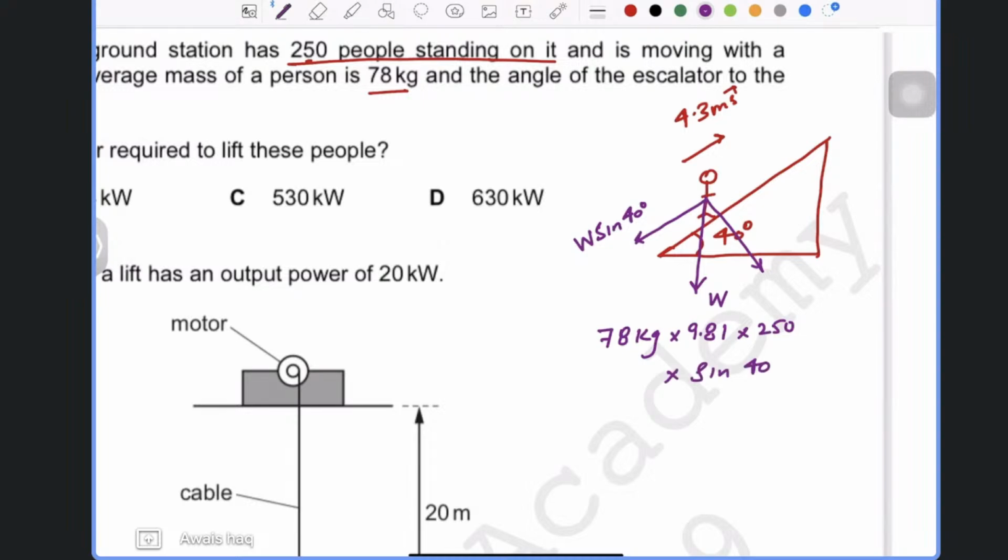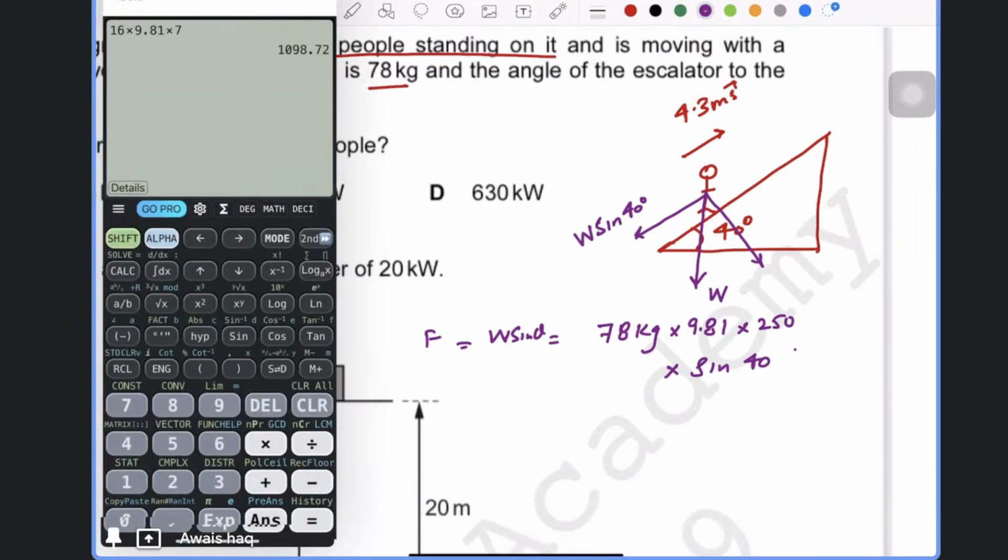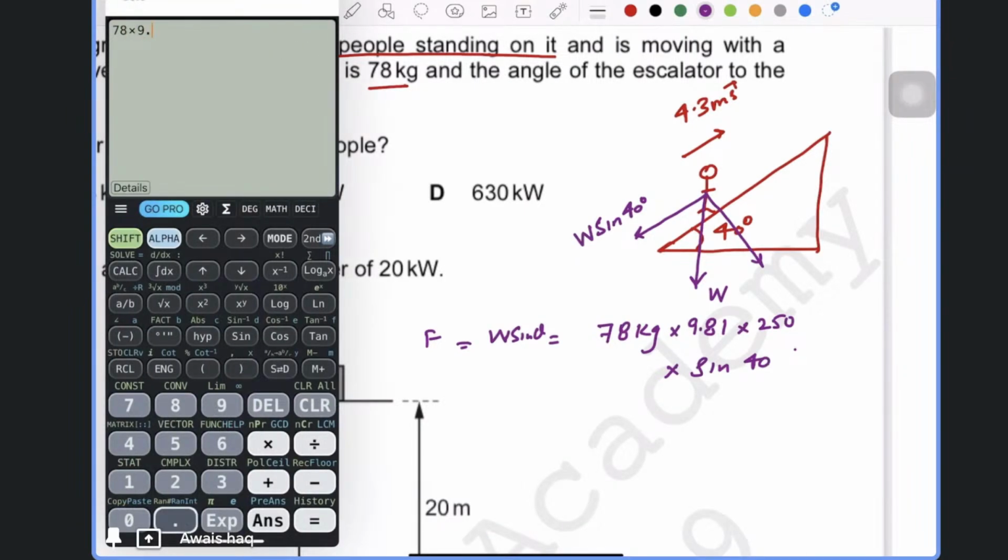Let me do it step by step. This would be W sine theta, and that is the force we need. So that's 78 times 9.81 times 250 times sine of 40. This is the total force needed to overcome this.